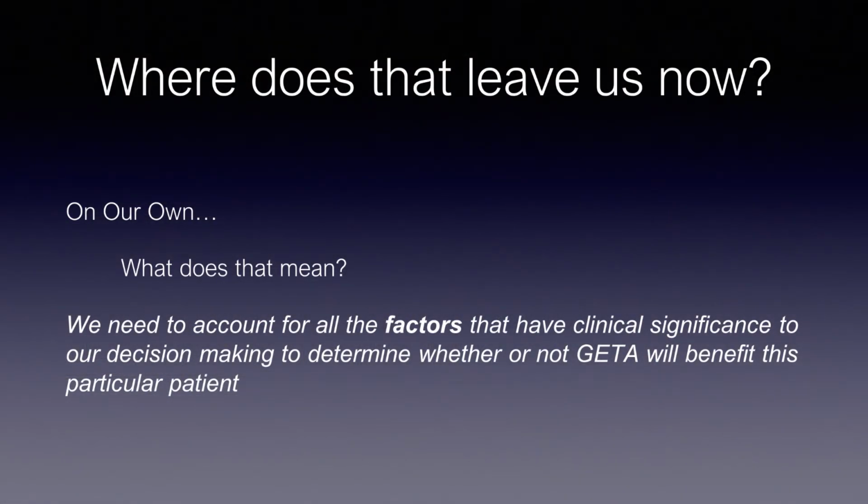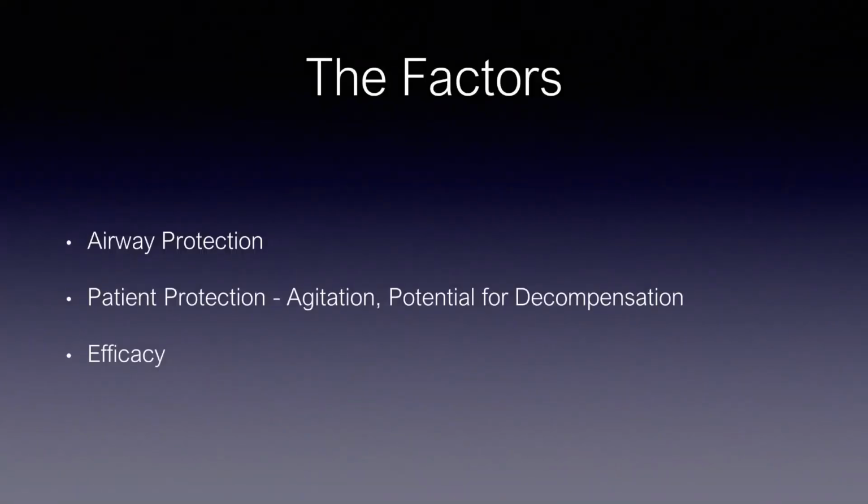Where does all this leave us now? On our own. Till we have convincing evidence that is applicable to every patient you're seeing, you have to come to your own conclusions. And we need to account for all the factors that have significance to that judgment.